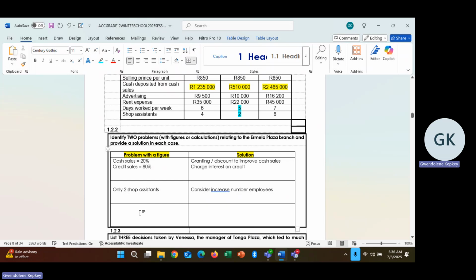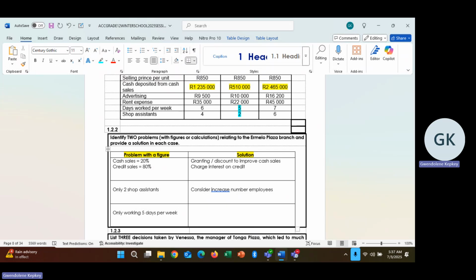Then thirdly, the other point that needs to be considered is they're only working 5 days a week, right? 5 days per week. So what is it that they need to do? They need to increase the number of days so that they can have better sales, right?